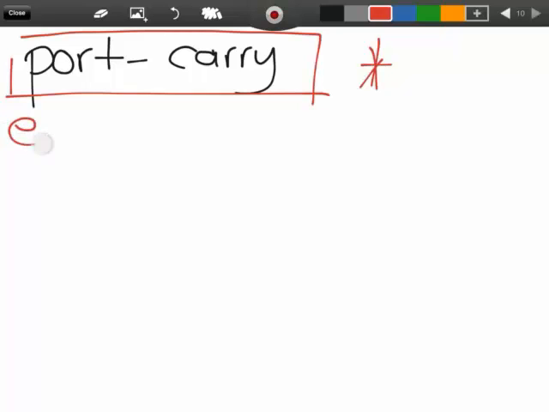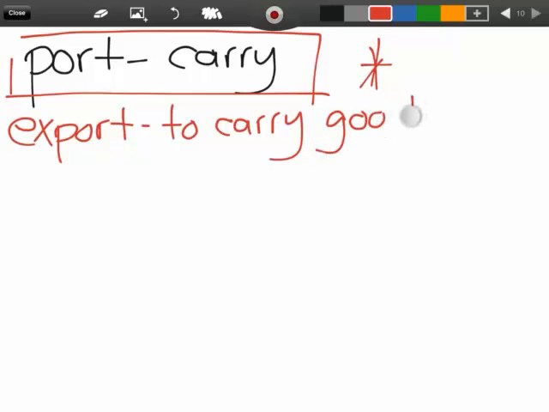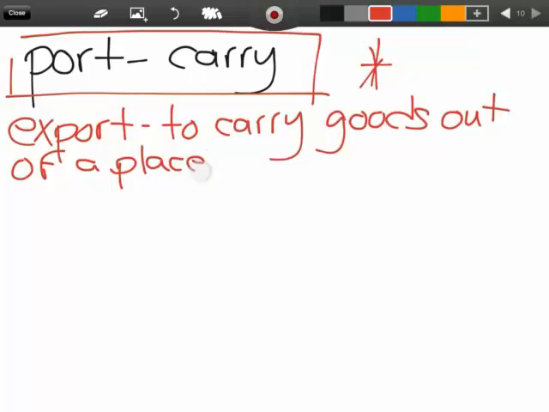One of them is export, meaning to carry goods out of a place to another. Sorry about that.